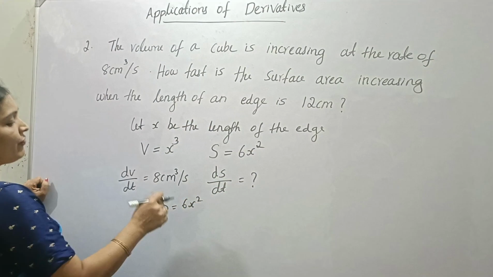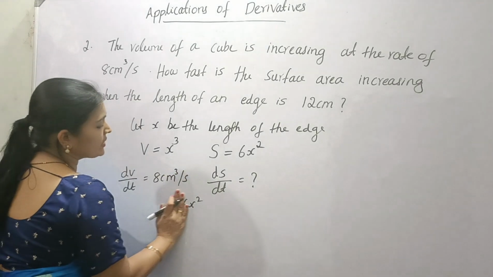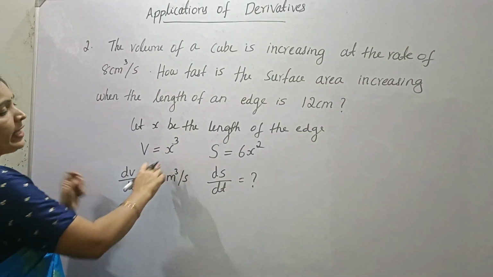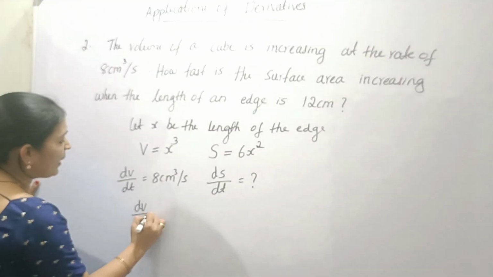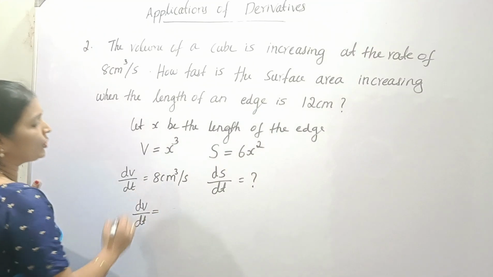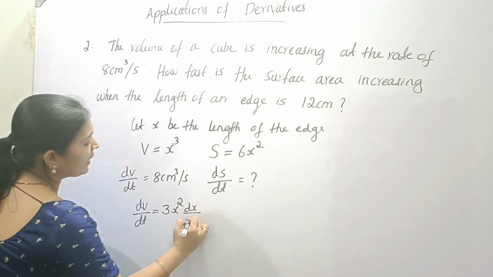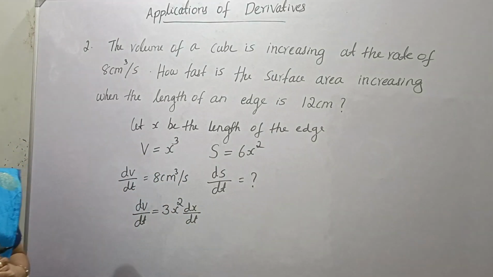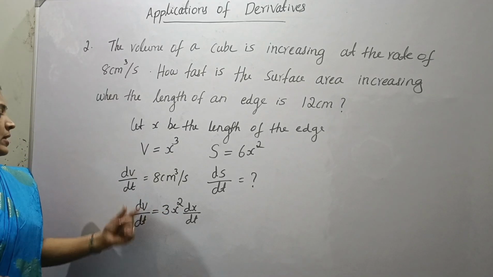So from this we will find, first of all let's differentiate it because it is given. Differentiate it with respect to t, that is dV by dt is equal to 3x square dx by dt. Here dx by dt is not given, so don't be confused.